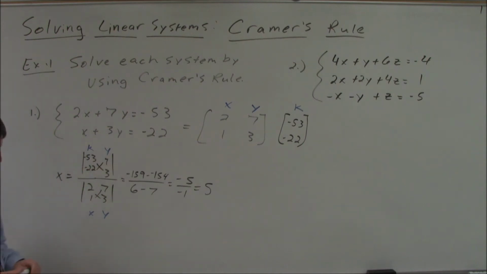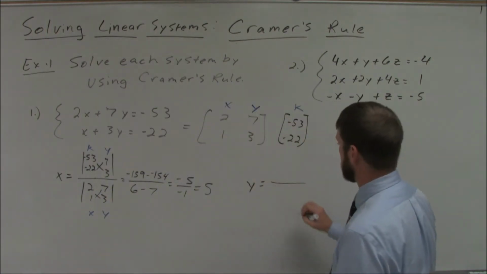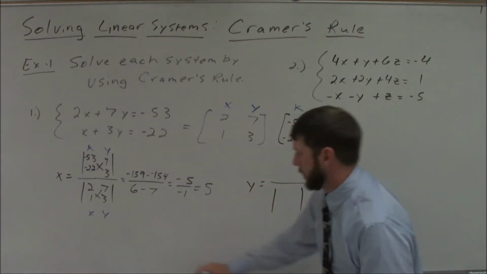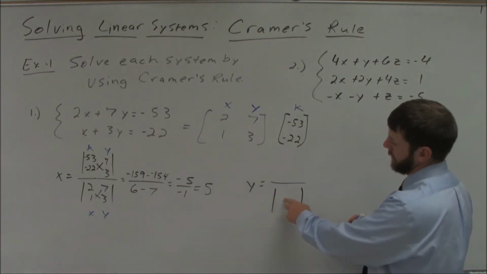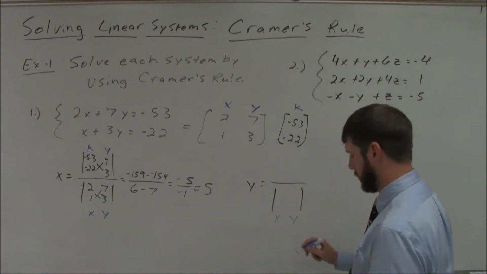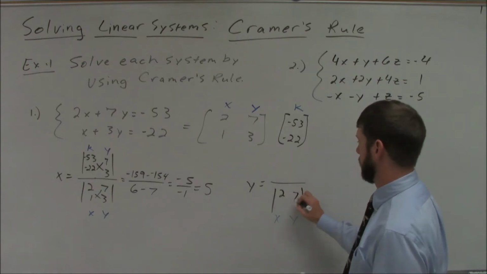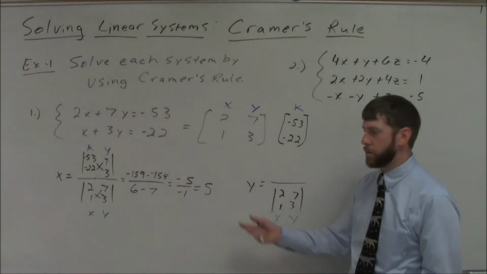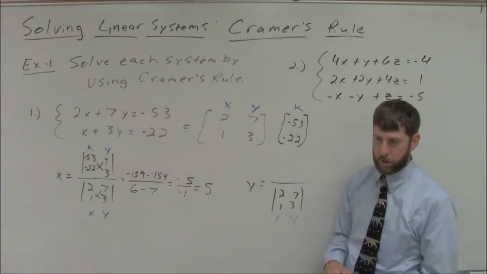Well, let's look at the y coordinate now. Y is equal to a fraction whose denominator is the determinant of the coefficient matrix. So x y, that's still going to be 2, 7, 1, 3. And the good thing is, once you do one denominator, you're finished with all denominators because it's the same in every single one of them.